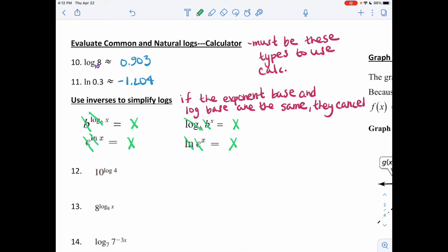So in this first one, I see that I have 10 as a base, and it is raised to the log base 10 of 4 exponent. Remember that there is an implied base 10 if you don't see one. So I have a base of 10 on my exponential function. I have a base of 10 on my log.